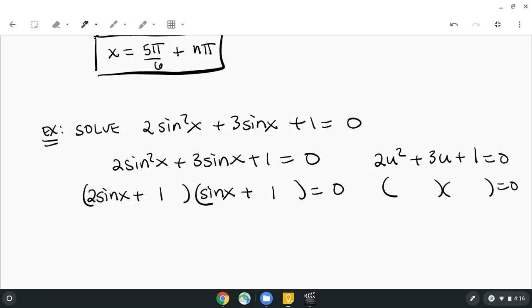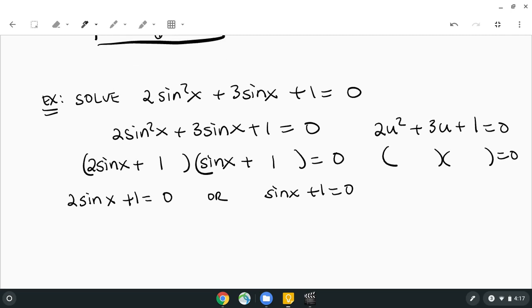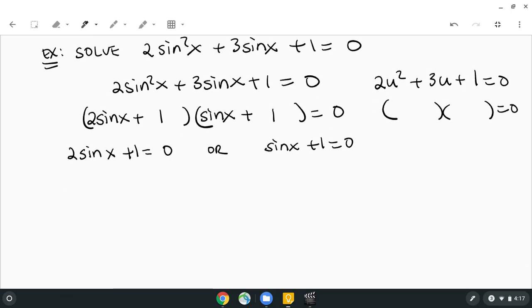Okay, so then, just like in regular factoring, we take each factor and set it equal to 0. And now it's like we have 2 equations that we need to solve. Okay, so I'm going to start with this left one, subtract 1 on both sides, divide by 2.